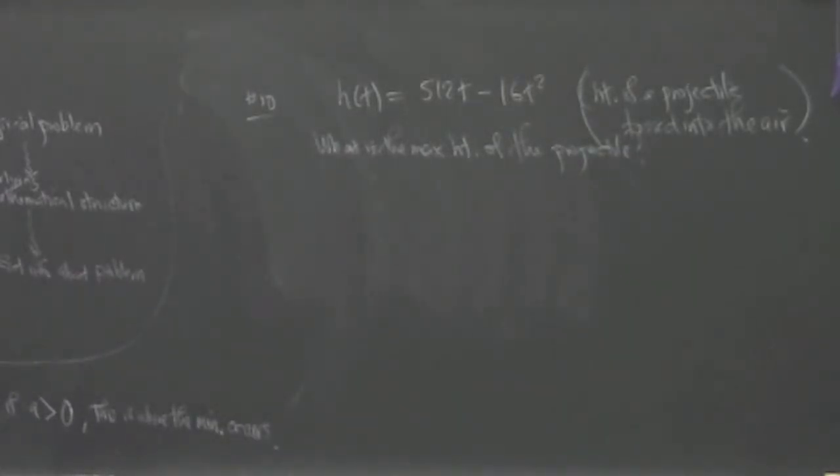I'll step out. It gives you 16 and you put 16. Negative? No, because it's negative. Oh, negative. B would be negative.